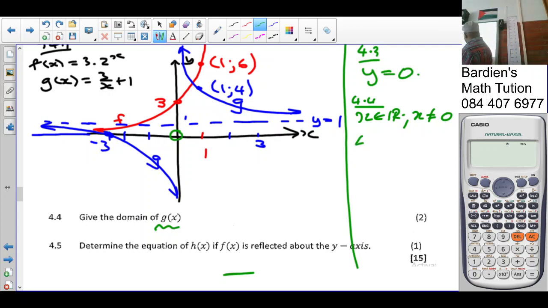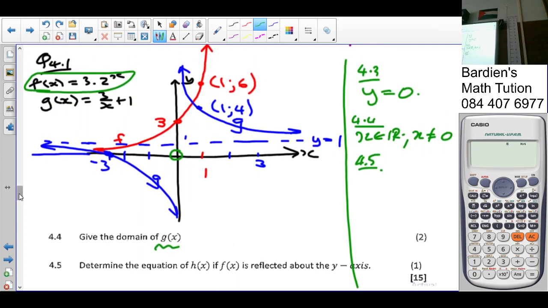4.5. Determine the equation of h of x. If f of x, I must refer to this diagram here. F of x is reflected about the y-axis. What's the rule if something is reflected in the y-axis? X becomes negative. So if I affect that change there, it's no more f of x. I say y is equal to 3 times 2 to the minus x.